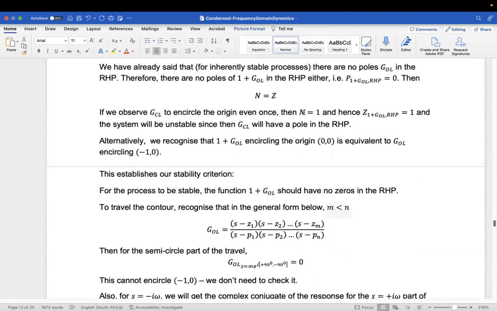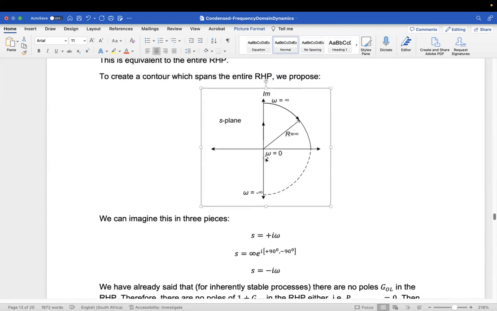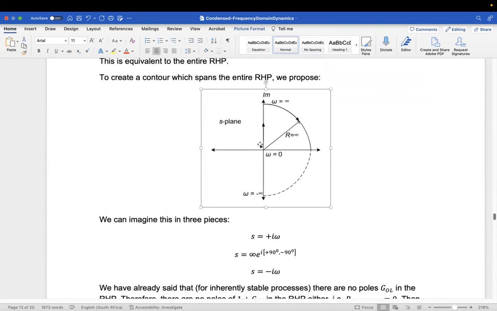So that's our criterion. And we can then think about traveling around this right-hand plane, and let's see if we can simplify that a little further. So we have said S equals I omega, so that's traveling along that axis. So we'll keep that.